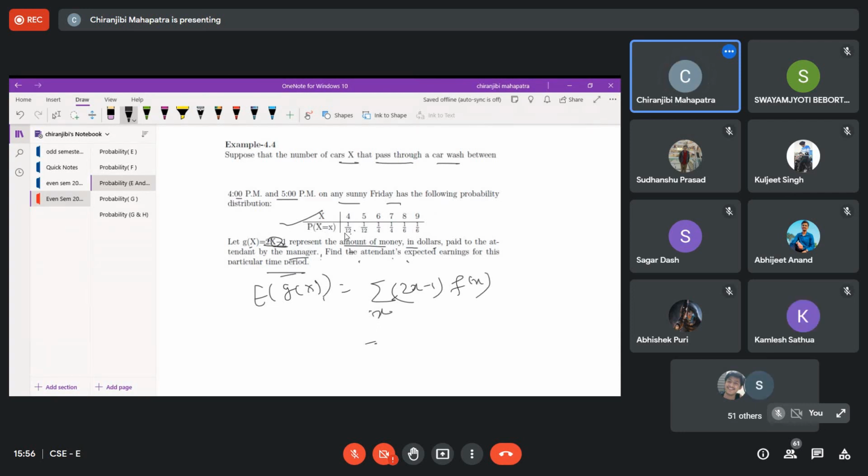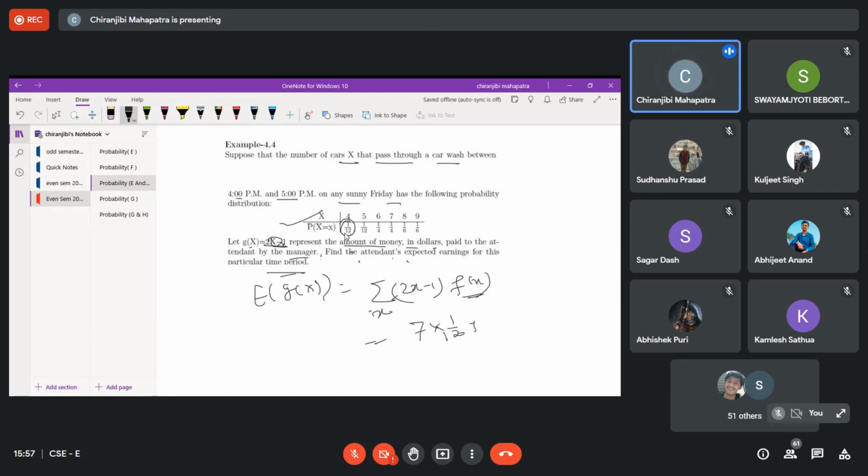So 2x minus 1, if we put 4 here, will be equal to 4 into 2, 8 minus 1, 7, into the probability f of x, that is 1 by 12.